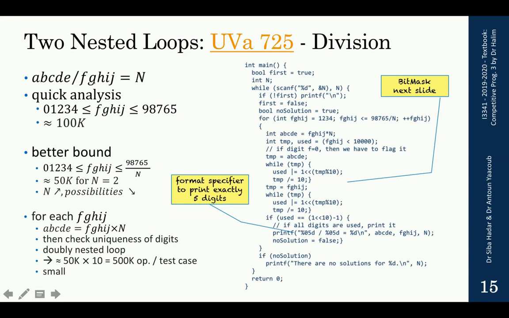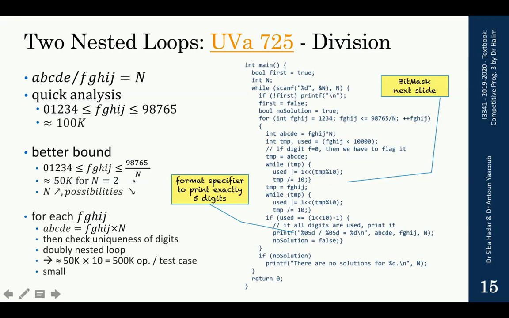Divided by FGHIJ it will be equal to n, so the maximum divided by n will be equal to FGHIJ. FGHIJ is therefore limited by the maximum number divided by n, and it is forcefully greater than the minimum number composed of 5 digits.